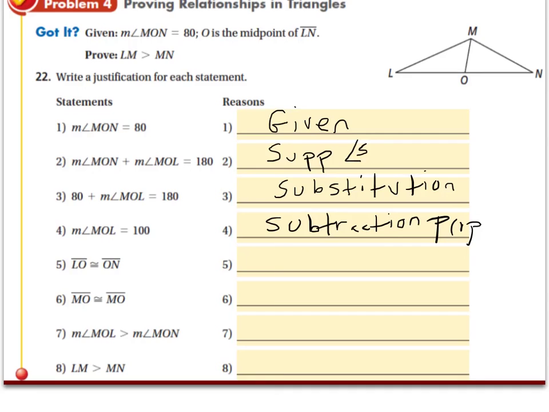I know that LO is congruent to ON because O is the midpoint of LN, that's given. And I know that MO is congruent to MO, which is the reflexive property.